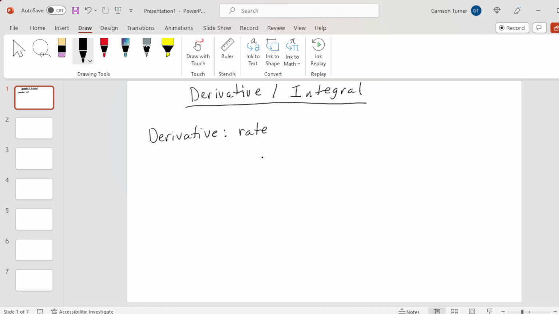So, to give the motivation, the derivative is also the slope of a function.